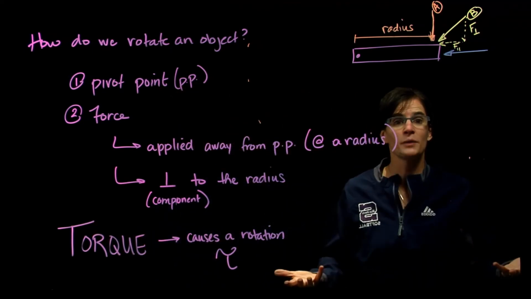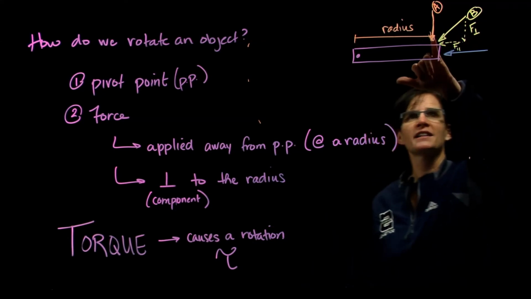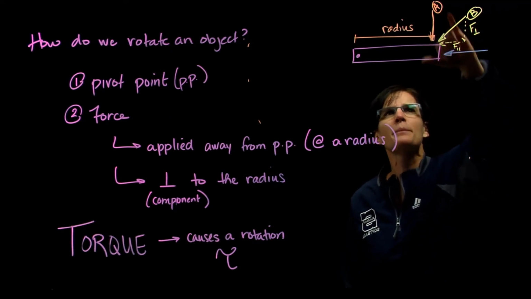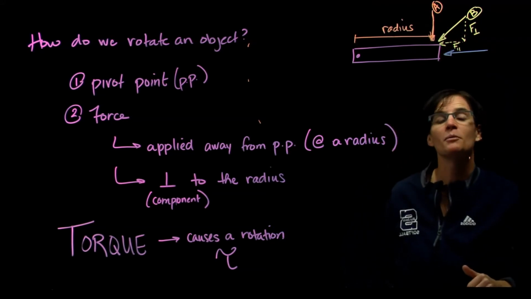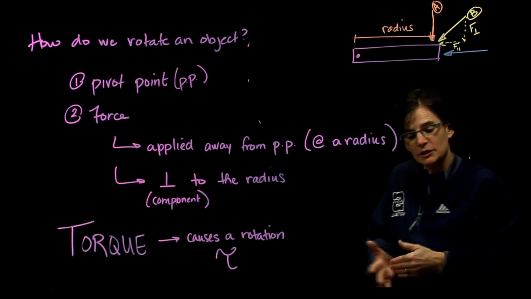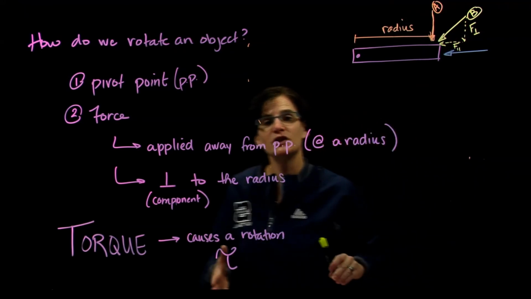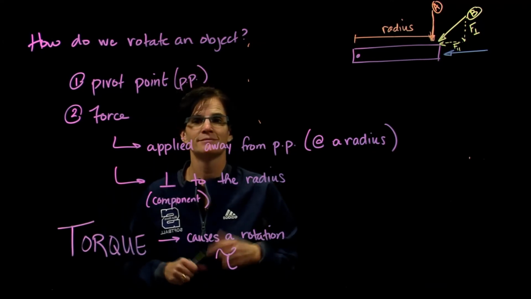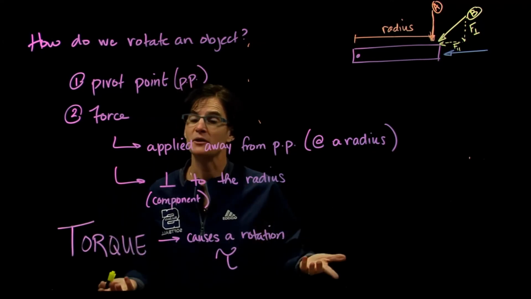So, what are you doing? Which is more effective? The original attempt at opening the jar or repositioning yourself to be more perpendicular? The more perpendicular the force, the larger the torque, the better the torque.